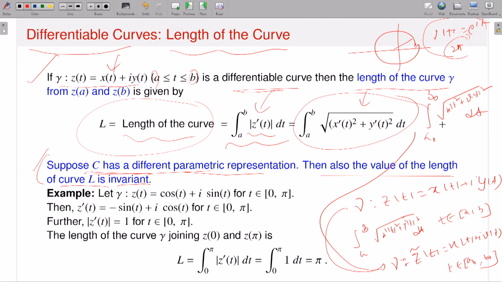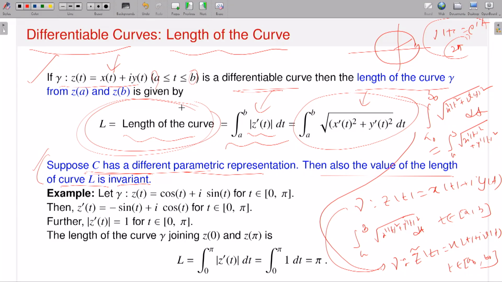What I am trying to say is that this should be the same as the value of the integral from a to b of the square root of x prime of t square plus y prime of t square. So my point is that if I have a curve and it has two different parameterizations, the way I have given the formula, a priori it looks like it depends on the parameterization, but one can prove that even if I work with two different parameterizations, the length of the curve will be invariant.